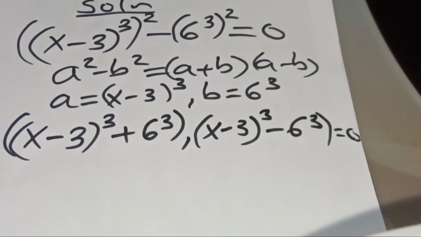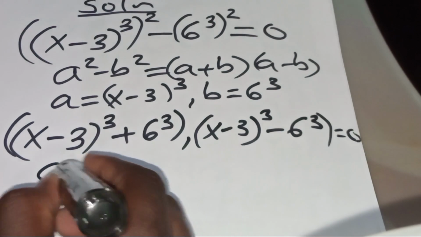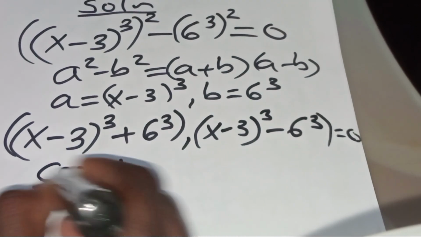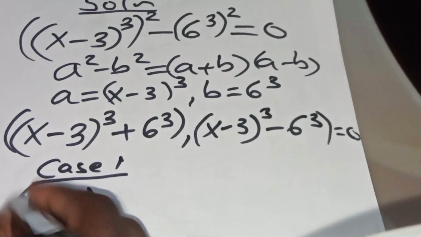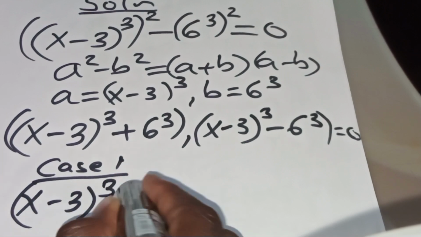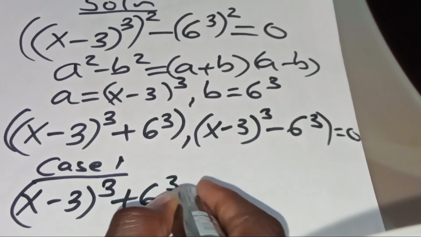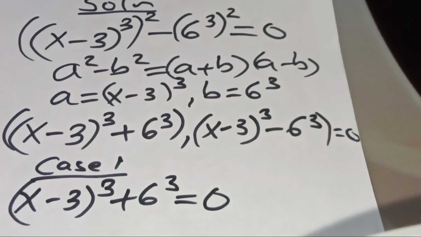Now here we have two parts. I can call the first one case 1, which is (x - 3)^3 + 6^3 = 0.